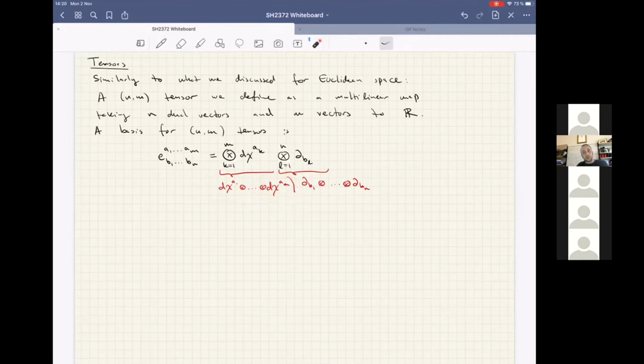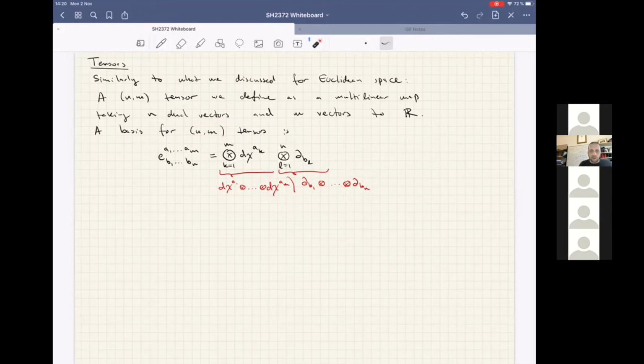And the corresponding thing for the dual space: the first dual vector argument would go into ∂_(b1), and the last one would go into ∂_(bn) here. So this indeed is an object that takes m tangent vectors and n dual vectors as arguments, and maps that to a real number.